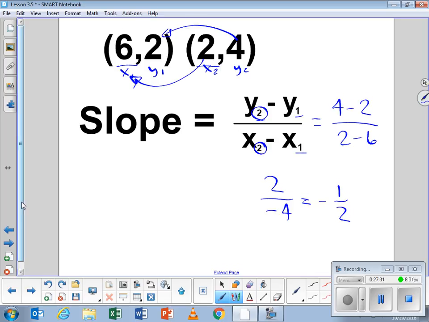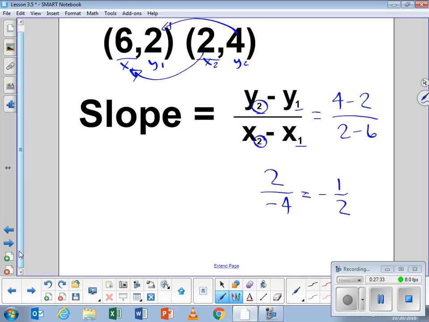Now, it doesn't say it on here, but the point of this question was for you to write an equation of the line that passes through those 2 points.